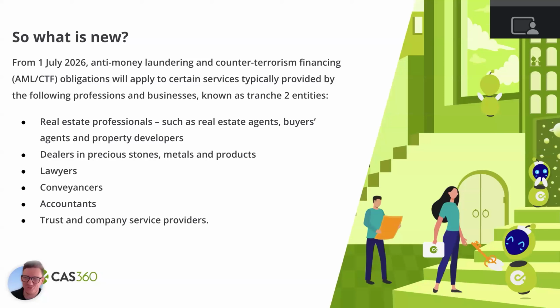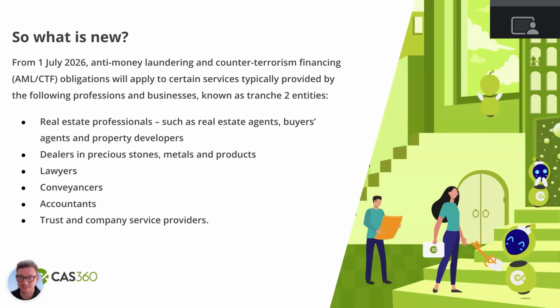From the 1st of July 2026, the AML Act, the Anti-Money Laundering and Counter-Terrorism Financing obligations, will start applying to more entities across Australia. These are current legal obligations that are essentially faced by banks and the like, being spread across more industries.